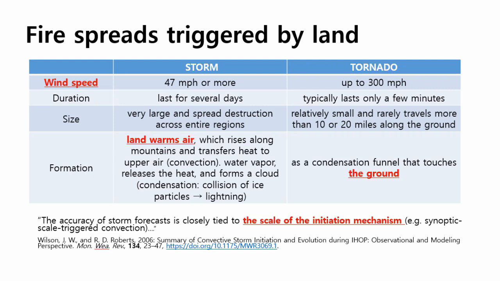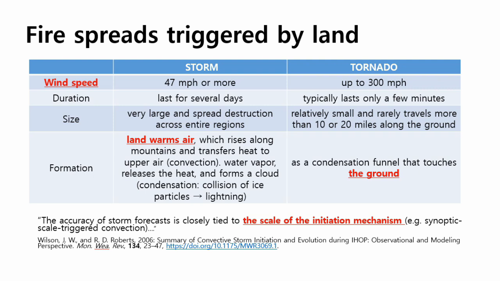Water vapor releases heat and forms a cloud, and this makes the condition to initiate precipitation, even a storm. During this process, condensation is initiated, and there is a collision of ice particles, and this can even cause lightning.